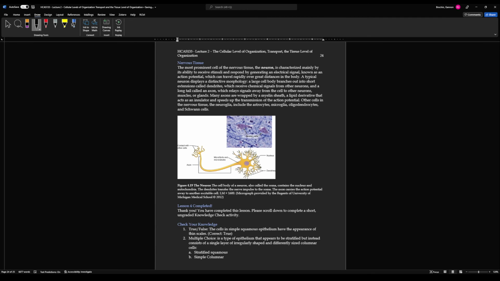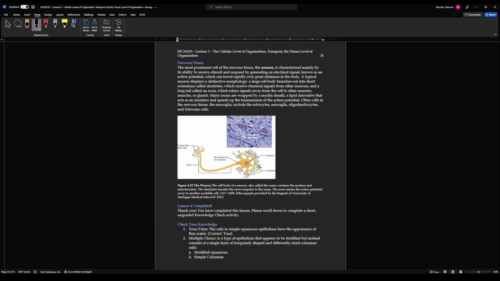And it will extend, and the axon is where signals are actually passed down. So an action potential occurs, and it is sent. Within neurons as well, the area where the nucleus is contained, we call that the cell body or the soma. Soma is often the term associated with the cell body and neurons.